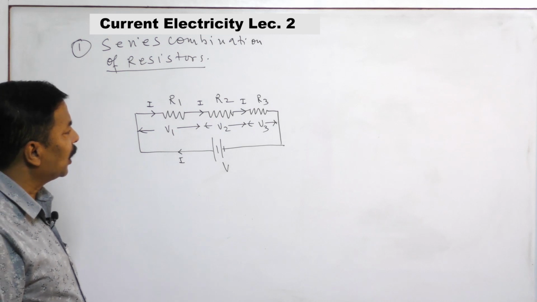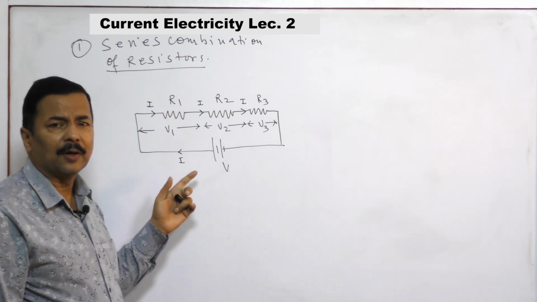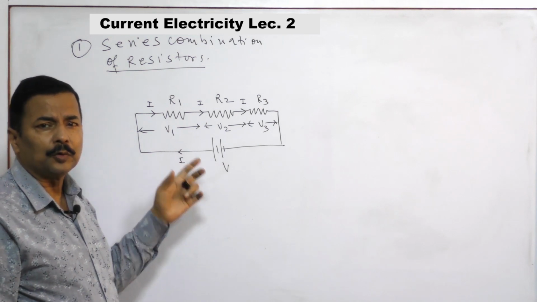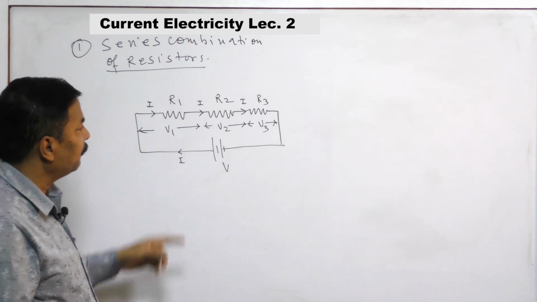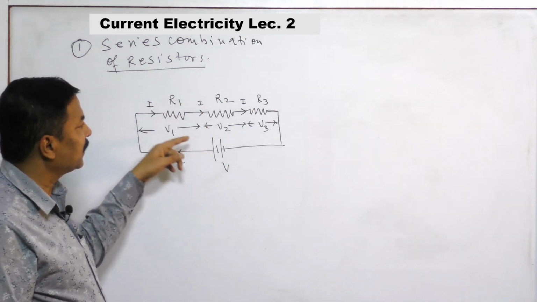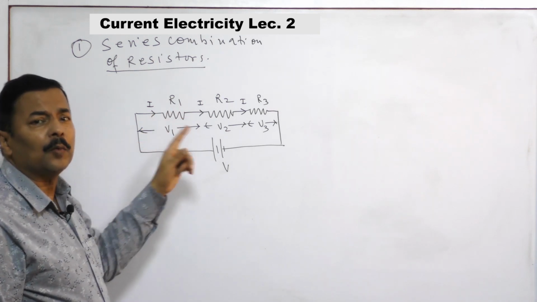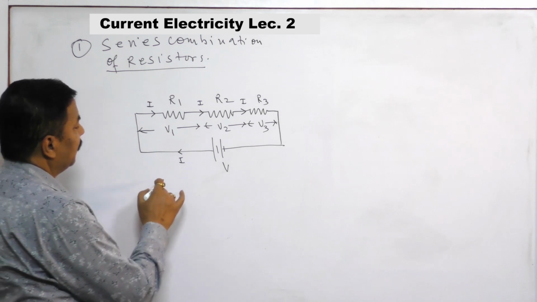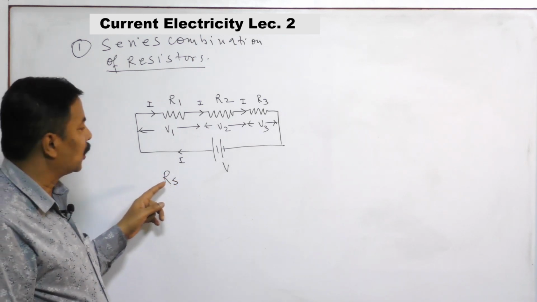One thing you should understand, this is very simple because you have already read it in your junior classes also. Now here if we want to replace all the 3 resistances by a single resistance, then that is called equivalent resistance. I am representing it by RS. So RS is the equivalent resistance.